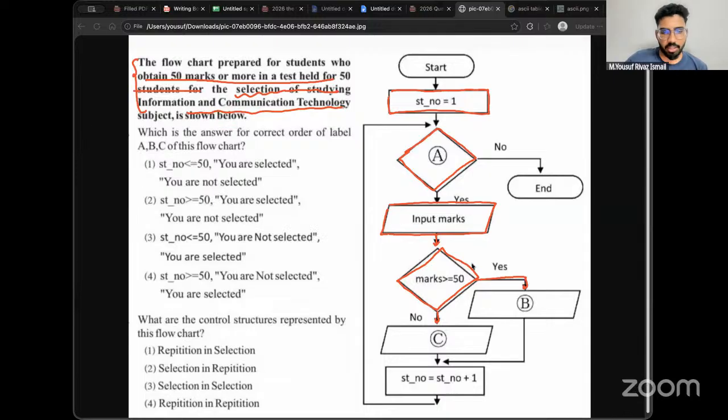So B should be about being selected. If you go through the answers, the first is saying you're selected, second is saying you're selected, third is saying you're not selected, fourth is saying you're not selected.